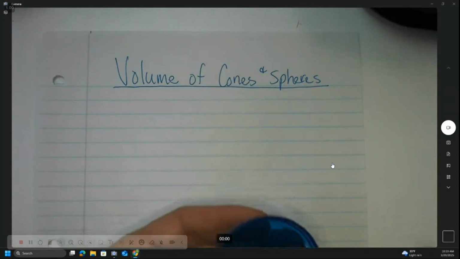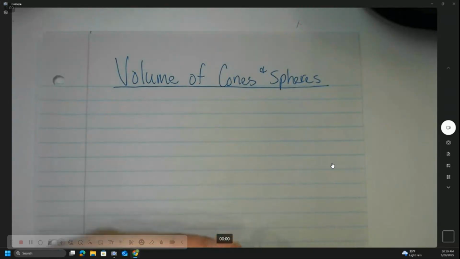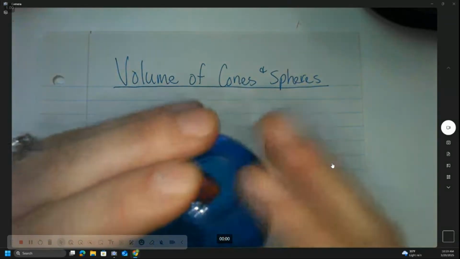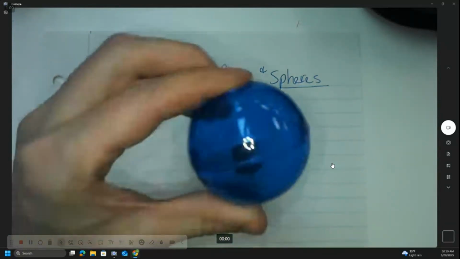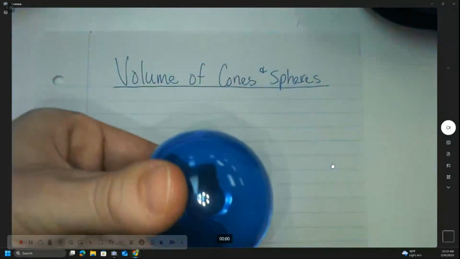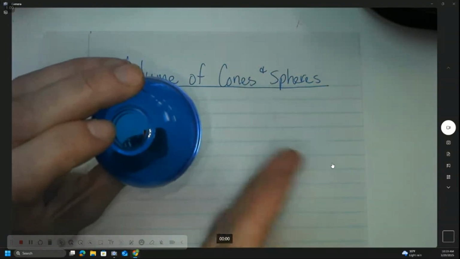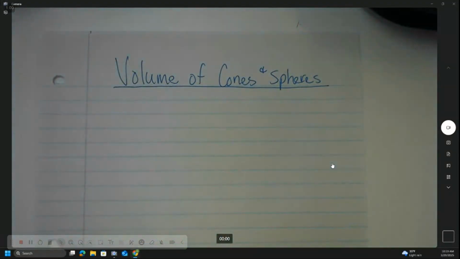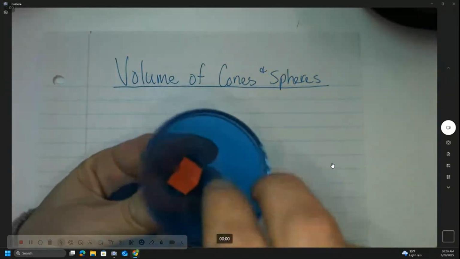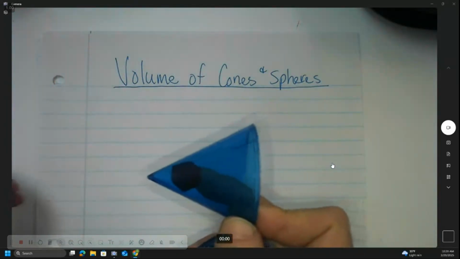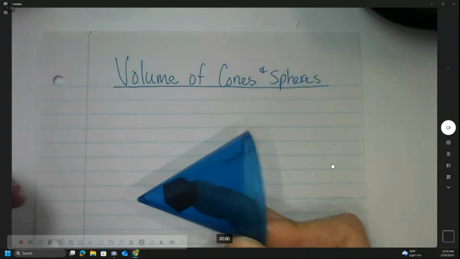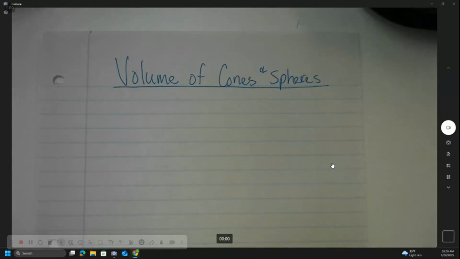You want to know how many cubes fit inside that 3D solid? Well, it doesn't really fit because of that curvature that spheres, cones and cylinders all have. Same if I put this perfect cube on the inside of that cone. It doesn't fit, does it?